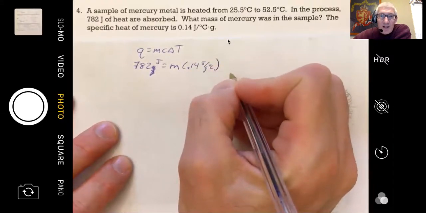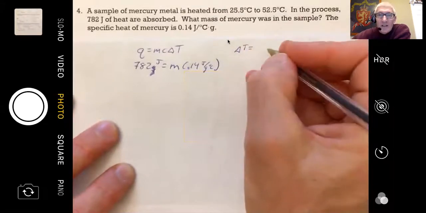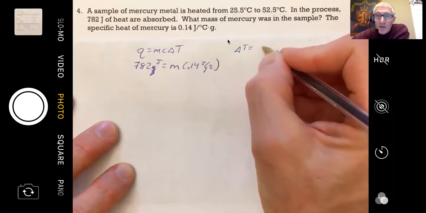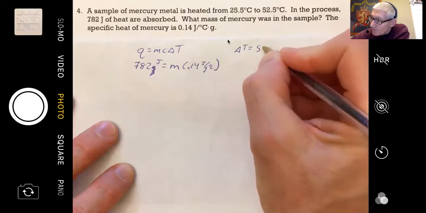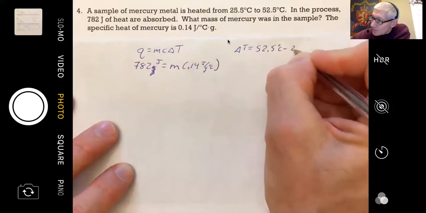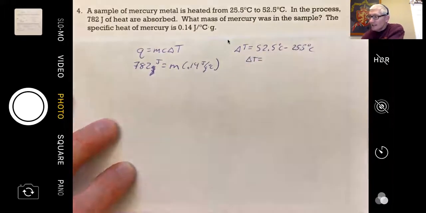And then, what is the change in temperature? Change in temperature is final minus initial. It went from 25.5 up to 52.5, so the final temperature is 52.5. The initial temperature is 25.5.